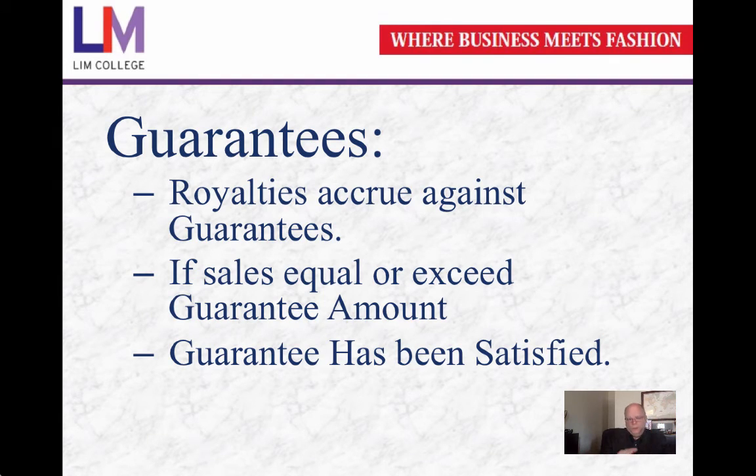Why this is important is that you have the guarantee there no matter what. You have to pay $100,000 every year, no matter what. If you hit that $100,000 in royalties, you've satisfied it. Now everything else you just pay at that 5% royalty rate to the licensor. This encourages the licensee to sell, so we hit that guarantee.